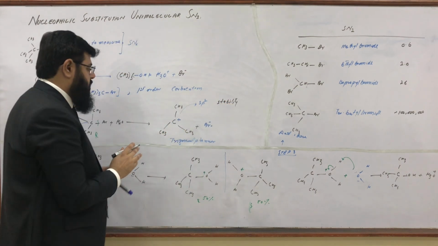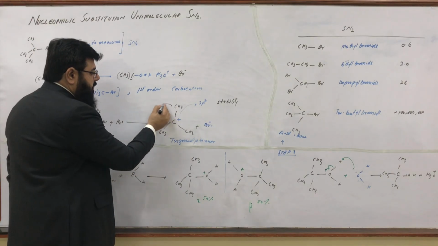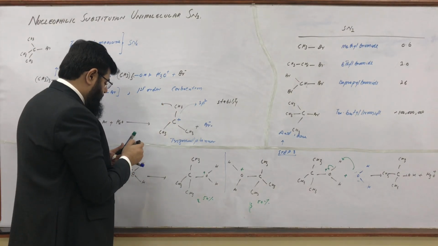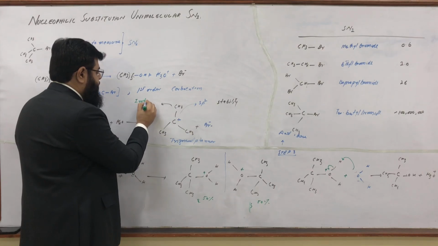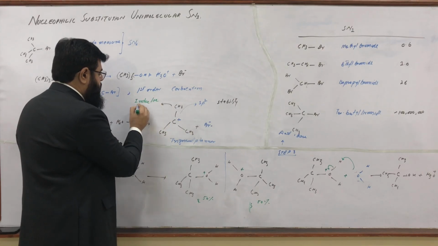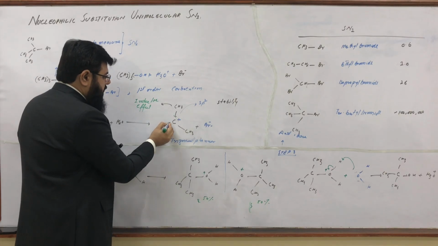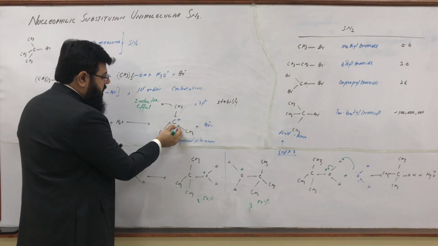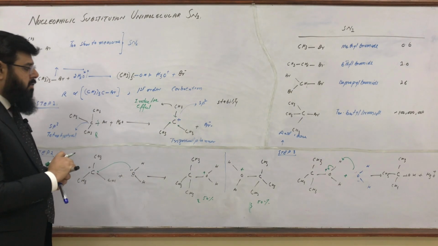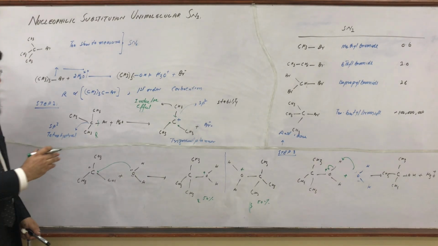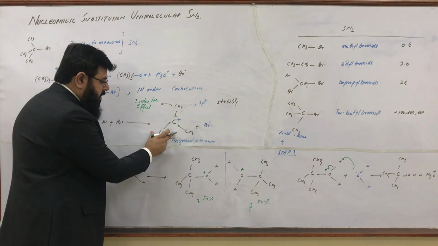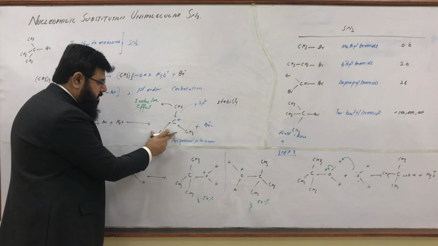As we know, the inductive effect of a methyl group is electron donating. So there are three methyl groups which provide electron density to this formally positively charged carbon. That's why the tertiary carbocation is a highly stable intermediate.